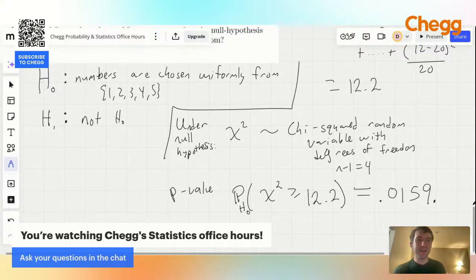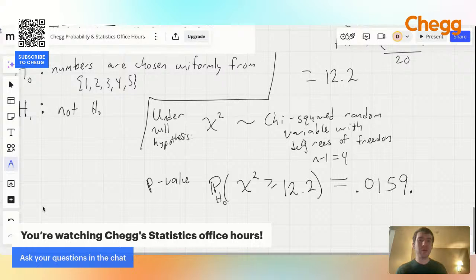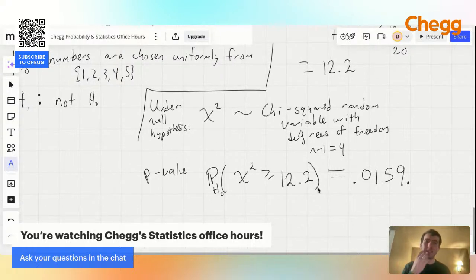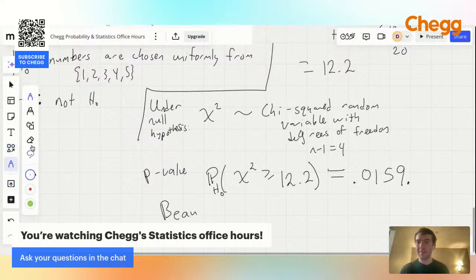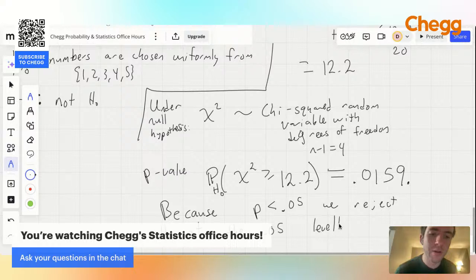So it turns out that we should reject the null hypothesis at the 95% confidence level, because p is less than 0.05, so we reject H naught at the 0.05 level, which is a typical level.